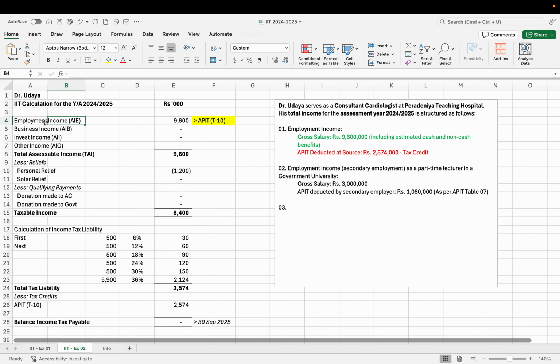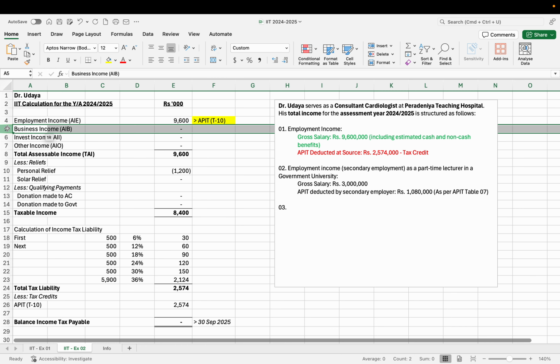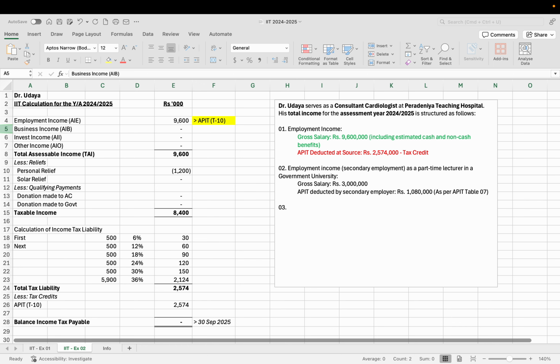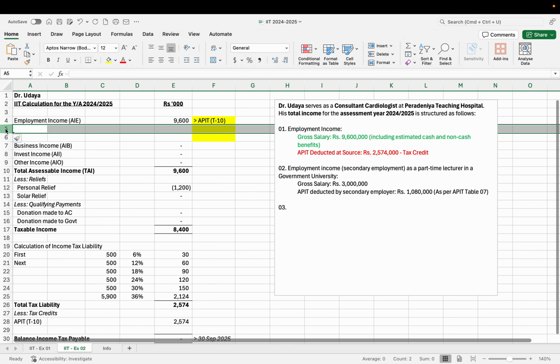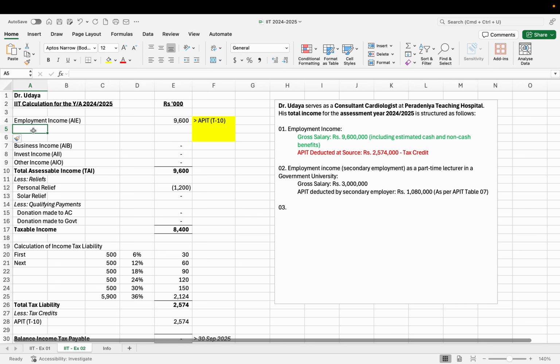When it comes to employment, for your easy reference, I will split this line into two so you can easily understand: primary employment, and I will move this one a little forward as secondary employment.